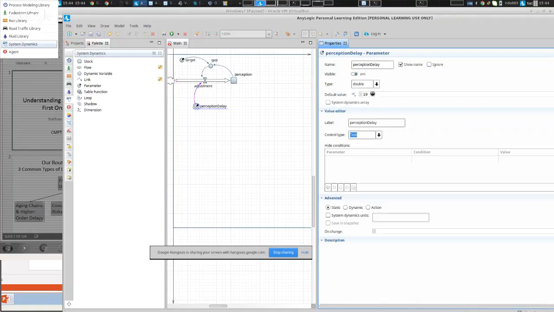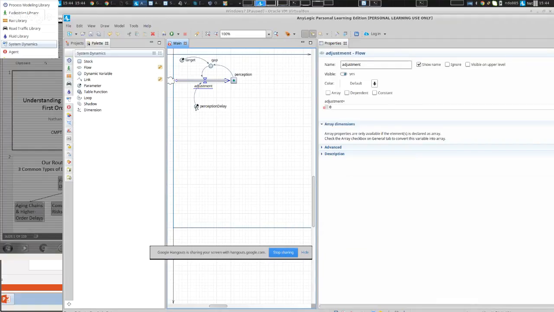Okay. And finally, what is the value of the adjustment? What's the formula for adjustment? Perception delay is 10. The gap is target minus perception. And what's the value for adjustment? What's the formula for that? Anyone? The value of adjustment has to refer to the gap, because we're going to adjust accordingly, divided by the perception delay. Let's talk about this.